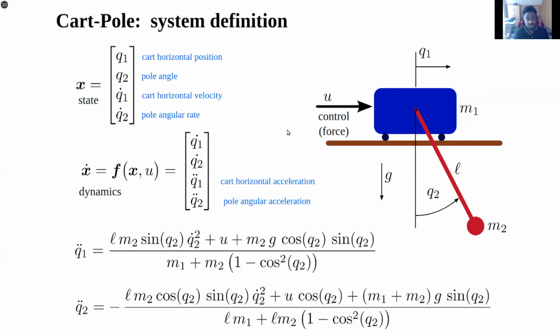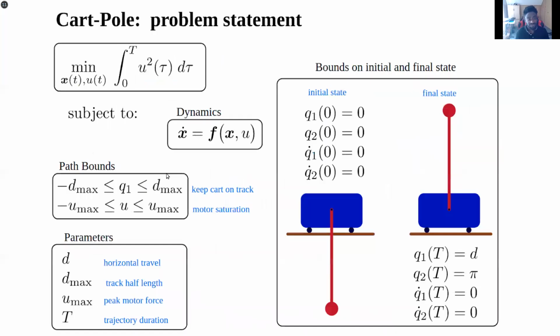A dynamical system would be described as x dot equals f of x, u, where f of x, u is the derivative of x, basically the first and second derivatives of all the system variables.